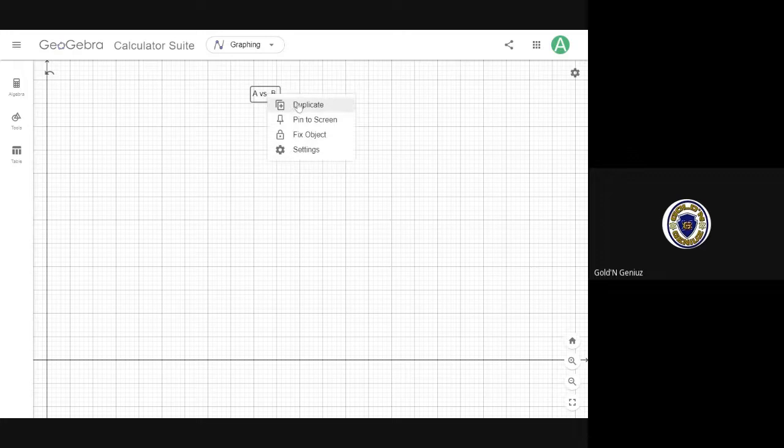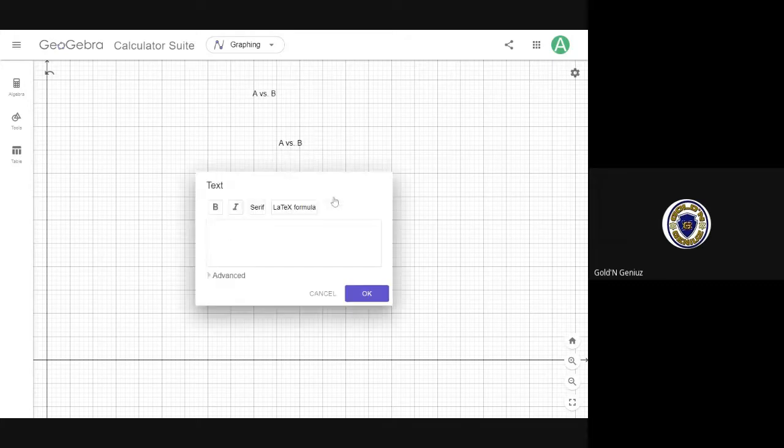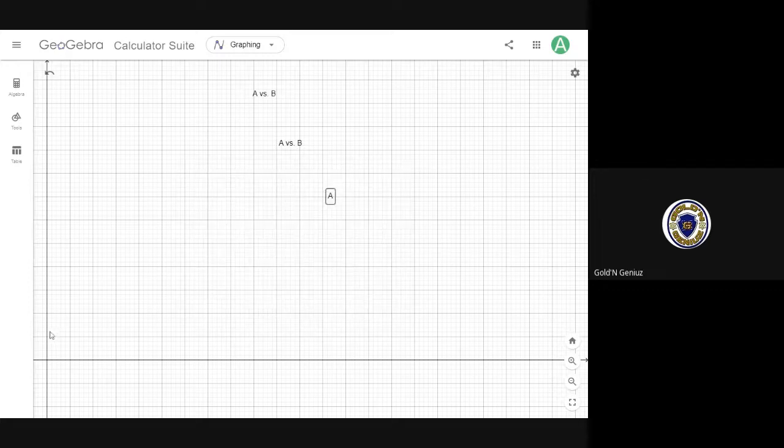Now let's see if we can duplicate this. Duplicate again. So I am going to take A, important, I'm going to take A, I'll take this letter here.